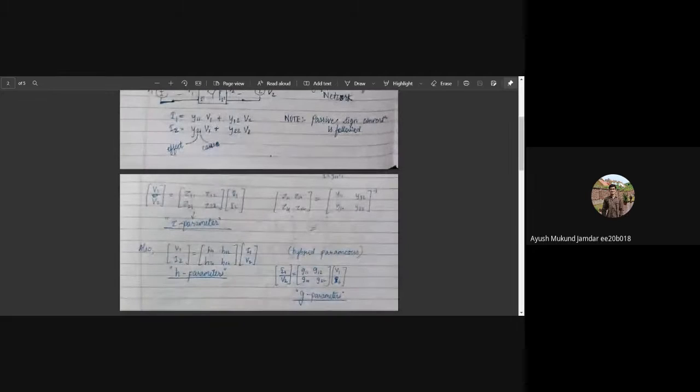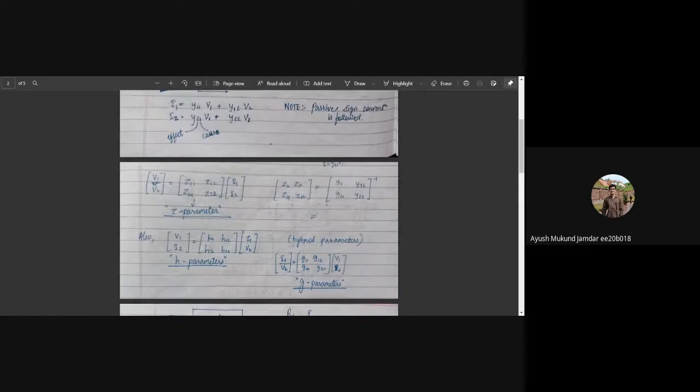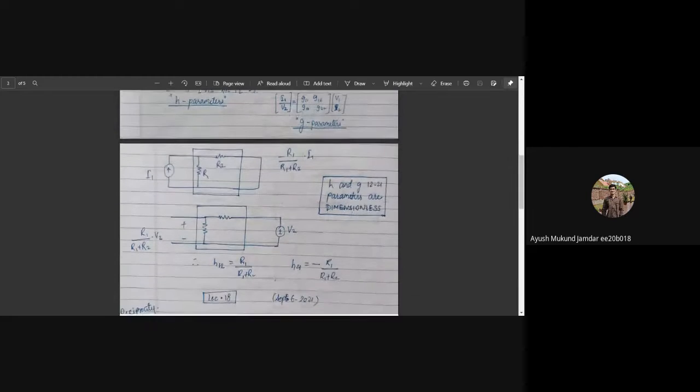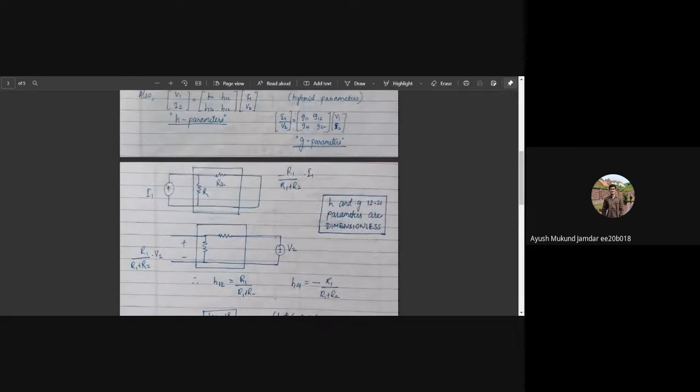The proof of this theorem I'll not go into, since this is a summary, but with this small example, one can quickly have a glimpse of what the reciprocity theorem is.